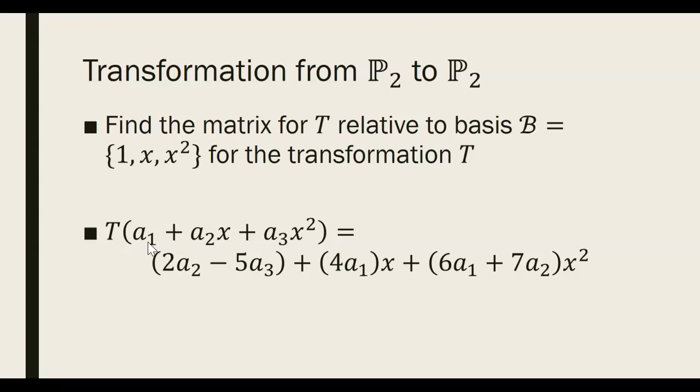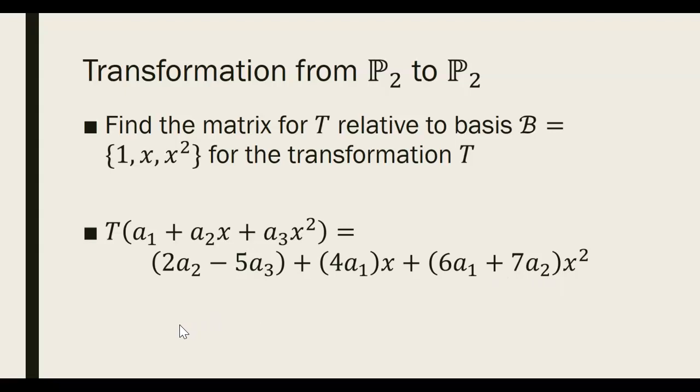It takes an arbitrary polynomial, which looks like a1 as a constant, plus a2 times x, plus a3 x squared, and sends it to this constant, 2a2 minus 5a3, plus the coefficient of x is 4a1, and the coefficient of x squared is 6a1 plus 7a2.